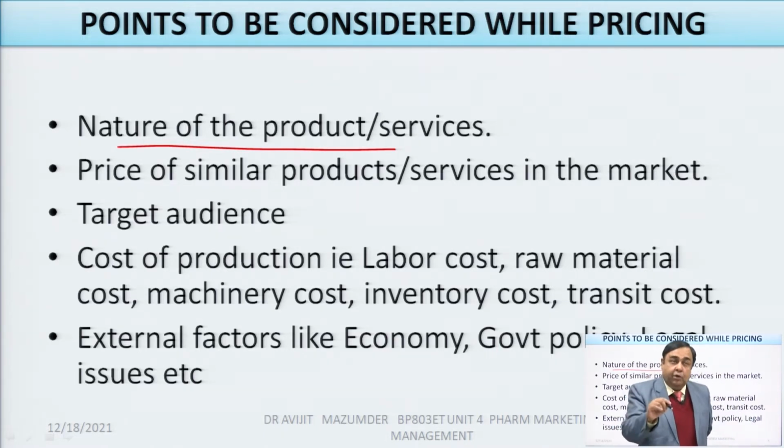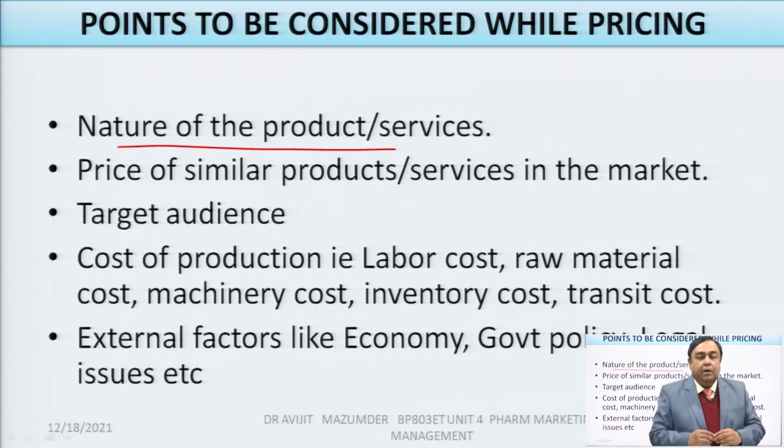So, depending on what type of product you are trying to market, your pricing will depend. Now, say for example, you are determining the price of this pen, you have to compare the price which you are about to fix with similar other companies' pens which already exist in the market.